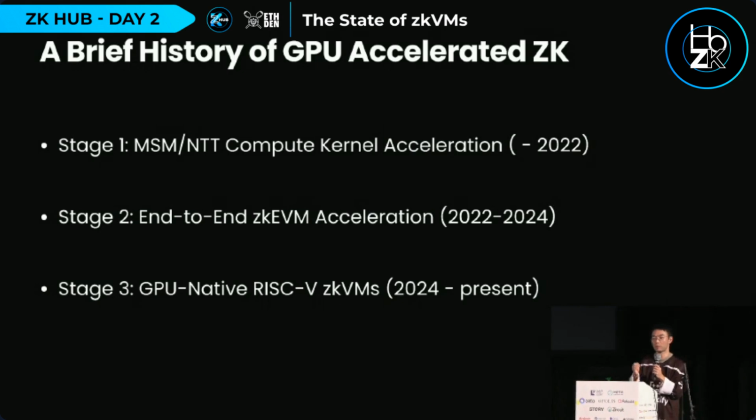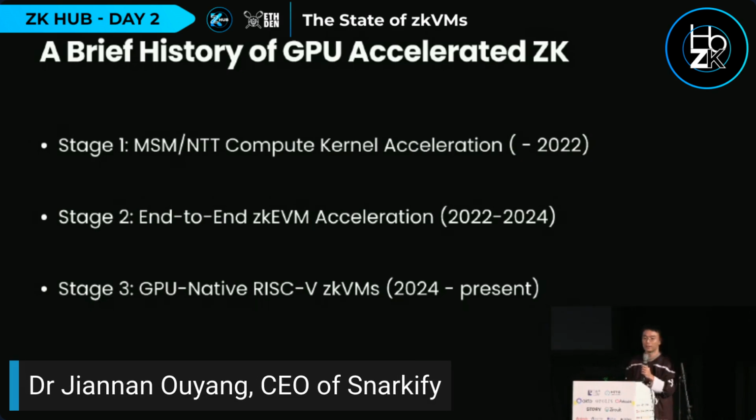So that's why people shifted to end-to-end zkVM acceleration. The representatives are like Scroll doing in-house GPU optimization as well as RISC-0. That's 2022 to 2024. Starting from past year, almost everyone was shifting to the RISC-V zkVMs.